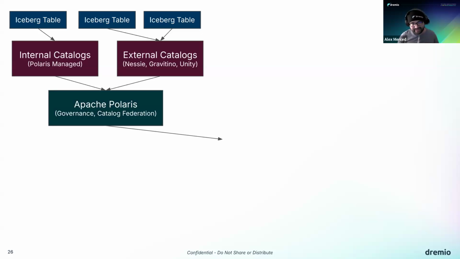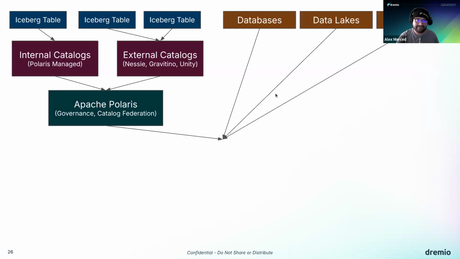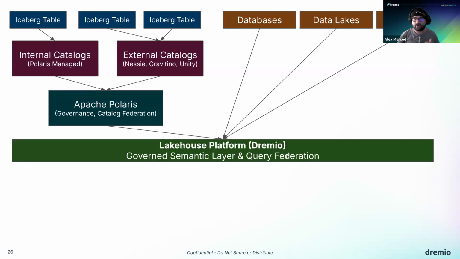Now, at the end of the day, that's not enough federation, because you're also still going to have a long tail of data, whether it's your own data or data you purchase from third-party marketplaces like the Snowflake marketplace or the AWS marketplace, that might be inside of databases, data lakes, and data warehouses. This is why you're going to want a data lakehouse platform that can connect all these data sources, so you can truly unify all your data.